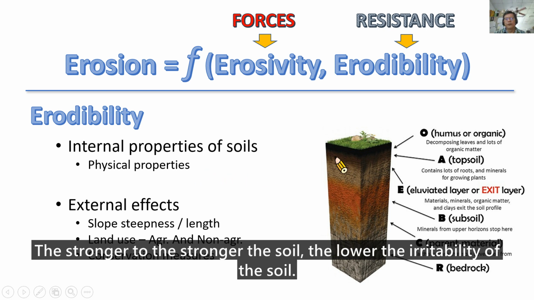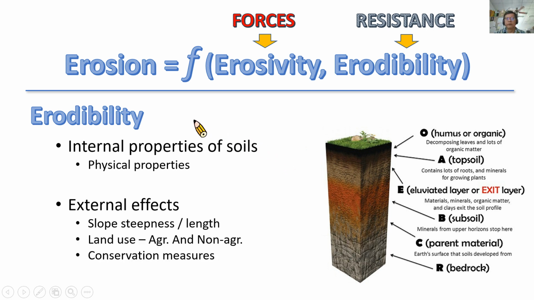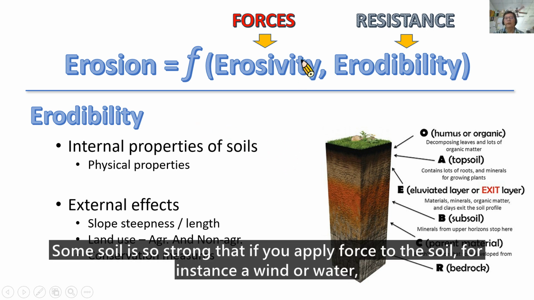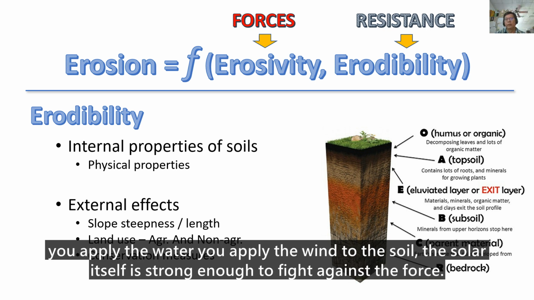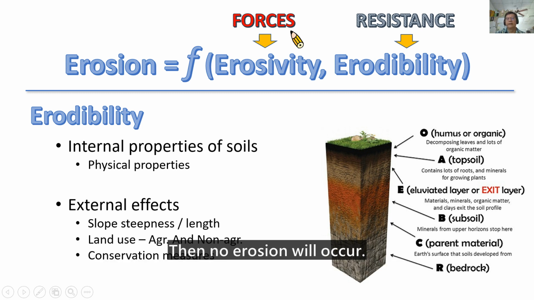The stronger the soil, the lower the erodibility of the soil. Some soil is so strong that if you apply force to the soil, for instance wind or water, the soil is strong enough to fight against the force, and then no erosion will occur.